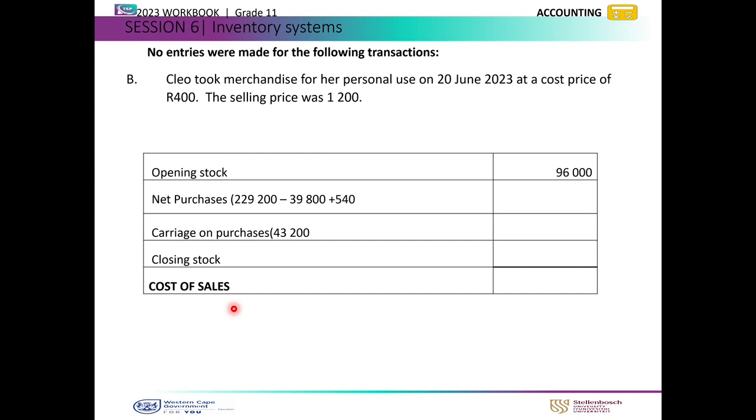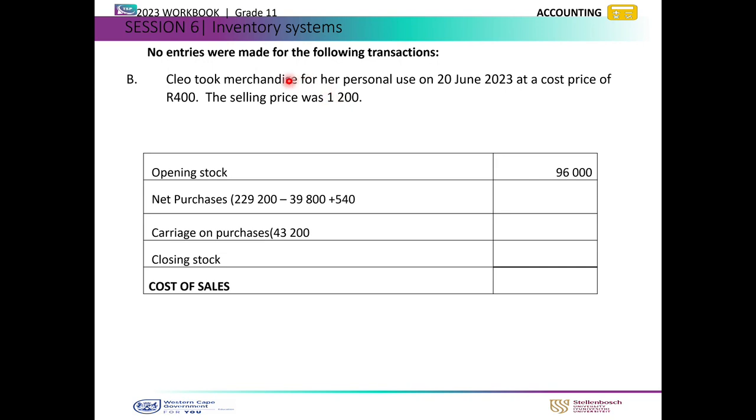What we tend to forget is that whenever the owner takes trading stock for personal use, this is always called drawings. And when you are the owner of a business, you will never take things at the selling price amount. You will always take it at the cost price, because this is the cost of the business and this is a cost that you can cover yourself.